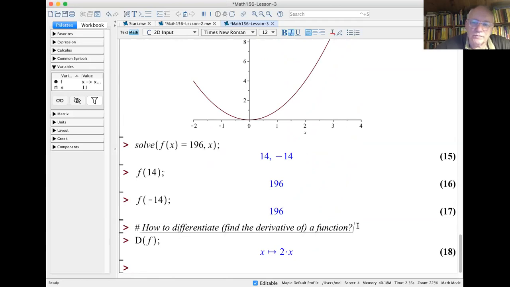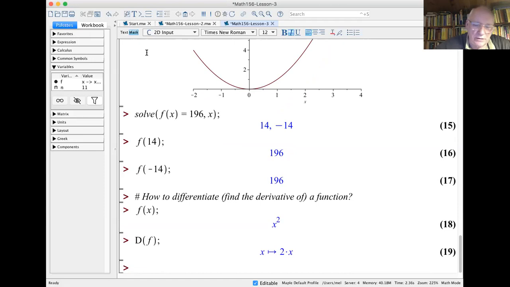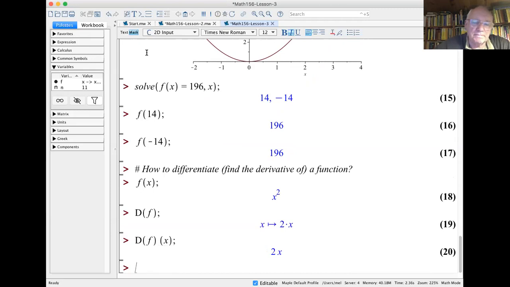So let me recall, what is f of x? x squared. What is D of f? This is the function. What is D of f evaluated at x? 2x.